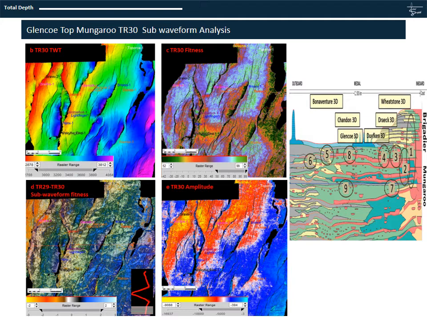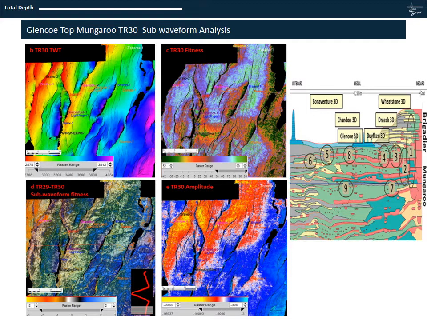So we're going to target portions of the waveform and recalculate the fitness. And by targeting the lower portion of the waveform here, we start to see all these channels that we were expecting depositionally from the model. And perhaps some of these features up here are more influenced by what's going on depositionally in the Brigadier Formation. And finally, we have the amplitude down here.